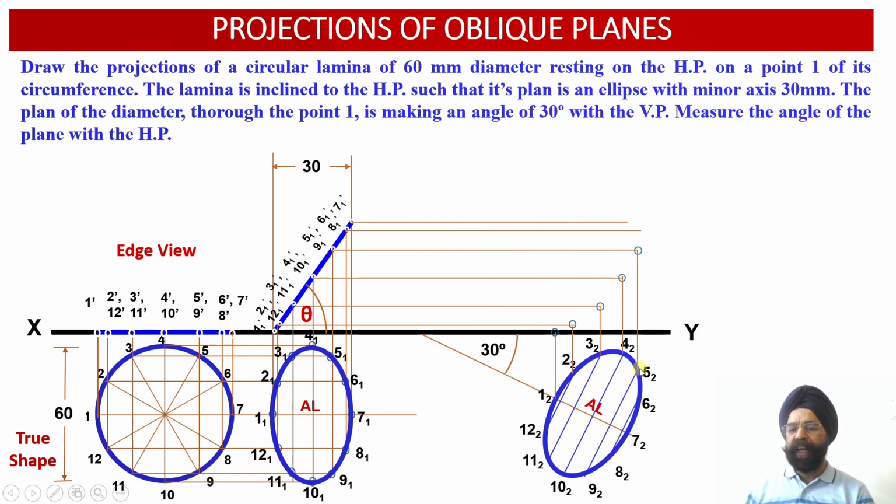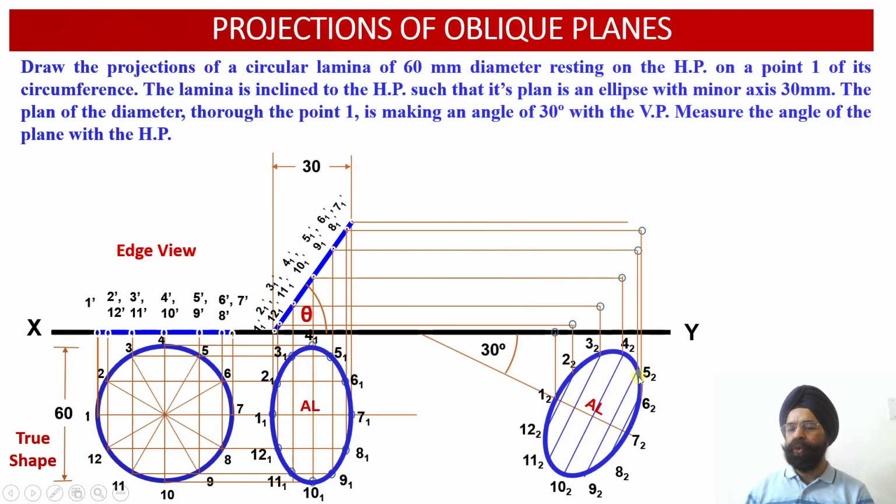Similarly, from point 5 2, we have drawn a vertical projector upwards. Wherever it intersects with the horizontal projector drawn through 5 1 dash, this gives me the location of point 5 2 dash in the elevation. So 1, 2, 3, 4, 5 points in the elevation have been obtained. Now from point 6 2, please check.